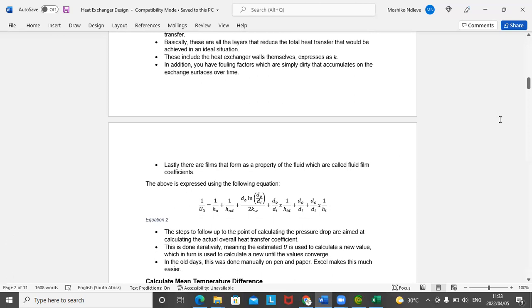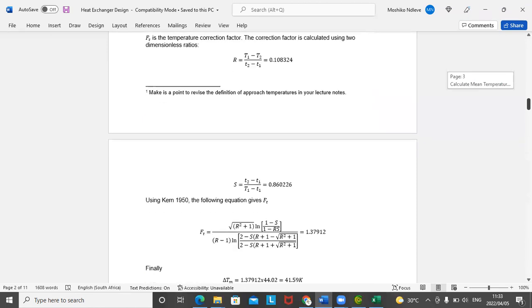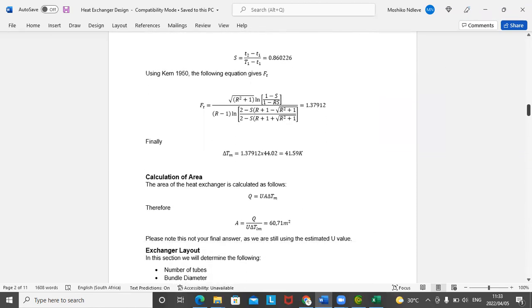And just to jump ahead a bit so that you have a general understanding of where this comes in, I'll come back to the equation above, but basically when you calculate your heat transfer area, it is heat duty equals your overall heat transfer coefficient multiplied by the area multiplied by delta T mean, the mean temperature difference. So the whole idea is we are trying to get that overall heat transfer coefficient so that we can calculate the total heat transfer area.